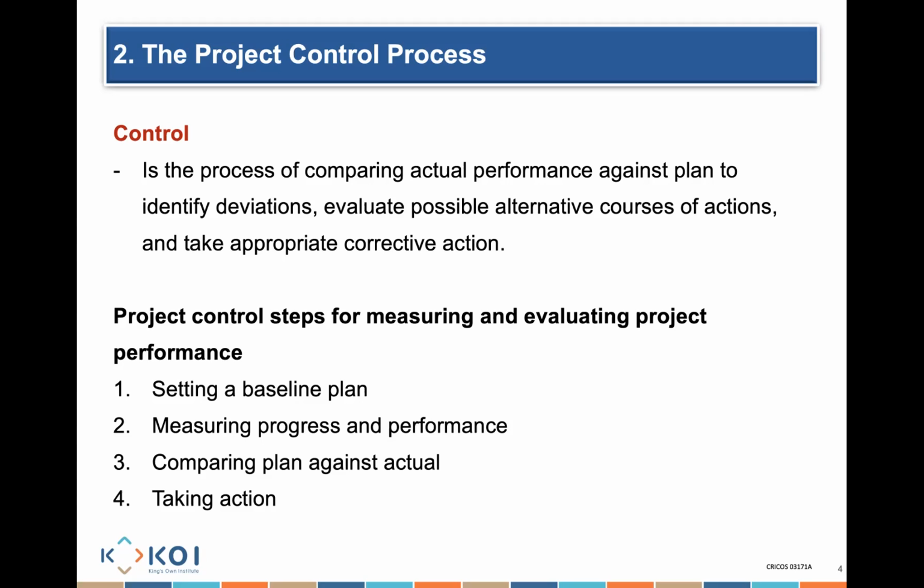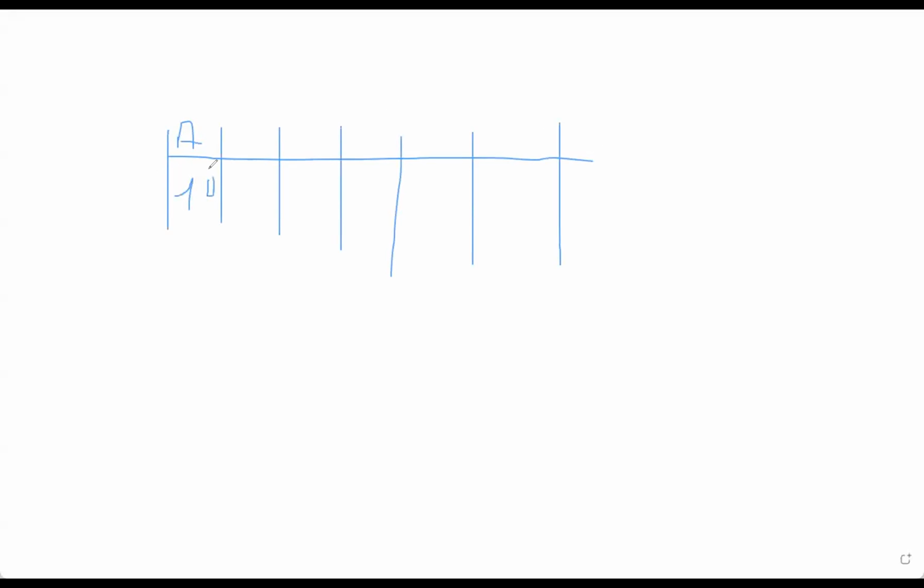Now, ladies and gentlemen, what we need to do is set a baseline plan. What is a baseline plan? A baseline plan could be something along the lines of, all right, I'm going to draw something like this, just barely. I could create a plan with periods 1, 2, 3, 4, 5, 6, 7. I might say, for example, I am planning to use activity A, $10 or whatever, $1,000.